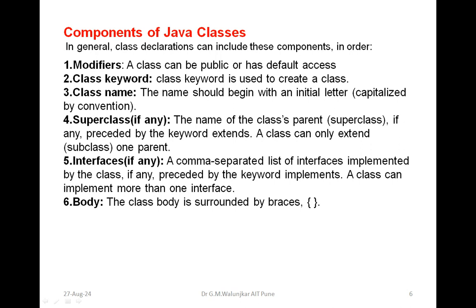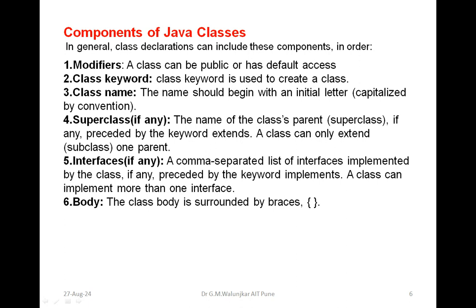Modifiers: a class can be public or have the default access modifier. The class keyword is required to create a class. Then a class name, following convention. Then the superclass if any, that means the name of the parent class.